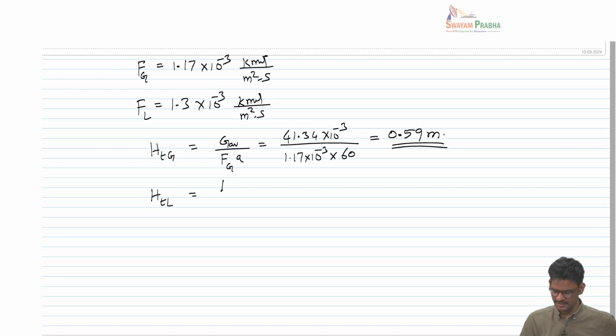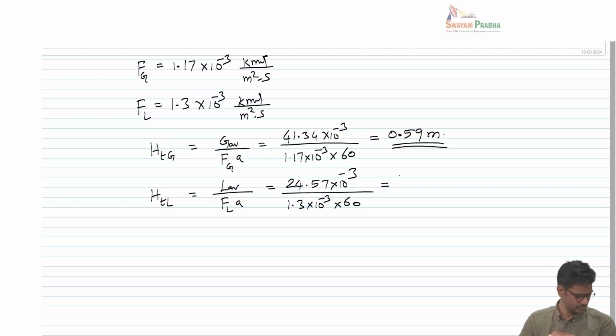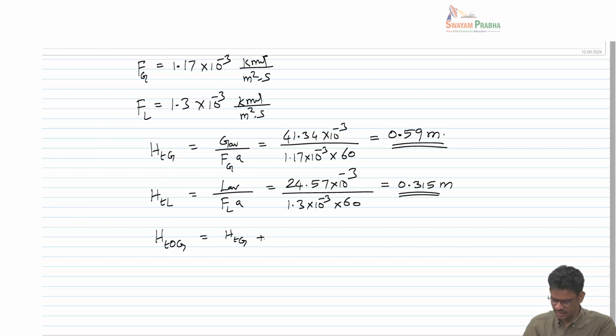And then HTL. So HTOG we will calculate based on HTG plus 1 by A HTL.